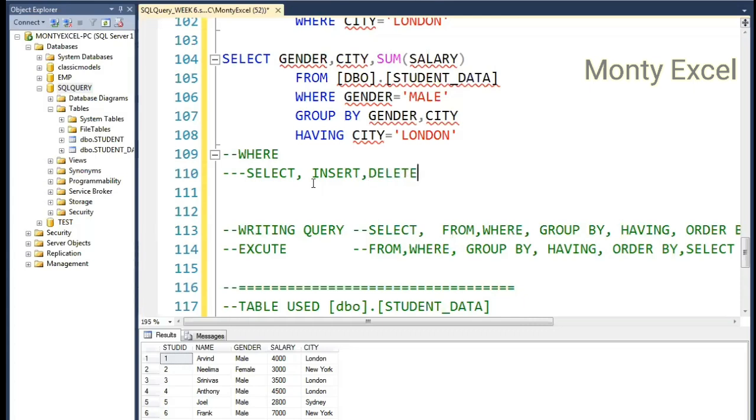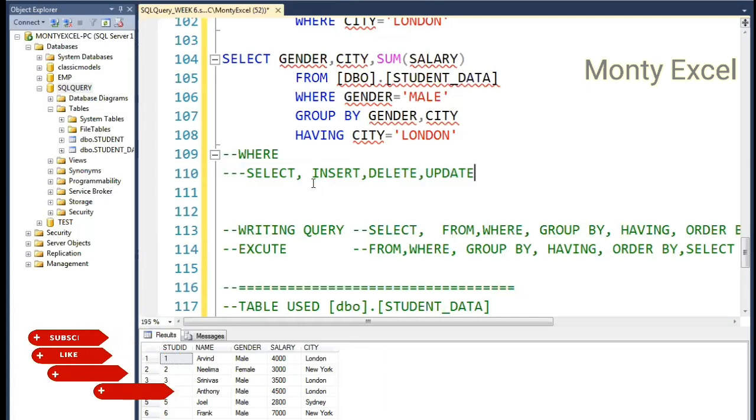Can I delete the data by using a WHERE condition? Delete from the table where employee name equal to Monty. So I want to delete based on certain conditions. So that means WHERE can be used with select, insert and delete. Can I use it with update? Maybe. How? With the update command, you want to update a particular record, say correct Monty's age. Yes, we can still use the WHERE condition on all these four statements.